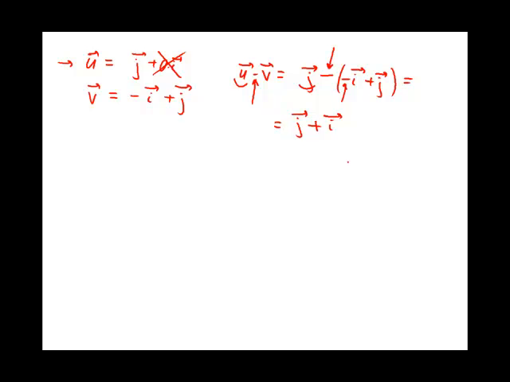Correct? Minus j, because minus and plus result in minus, the sign minus, j. What is that? Can we simplify this? Yeah, j cancels out. j minus j disappears. What's left is just i.